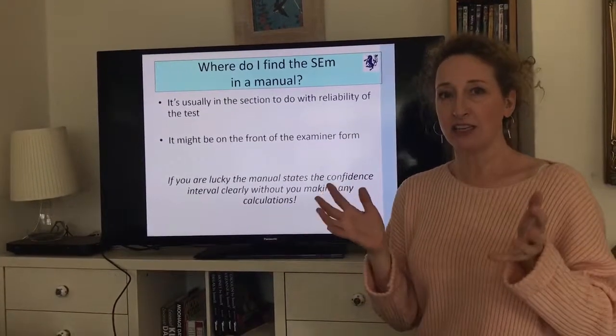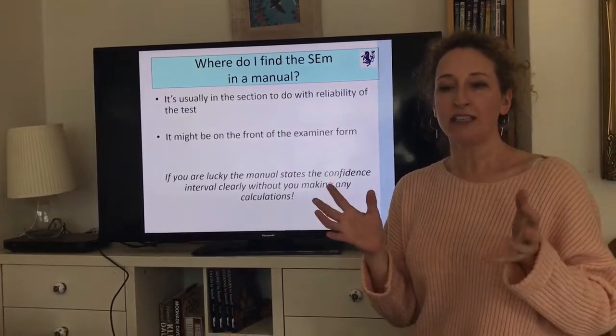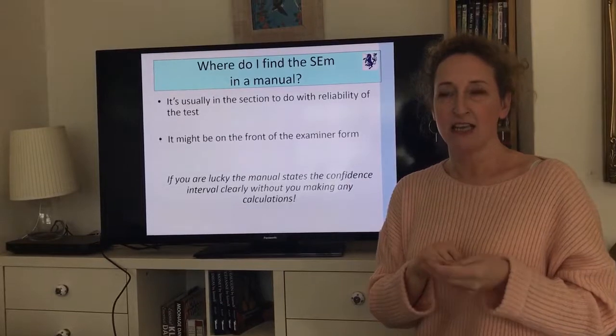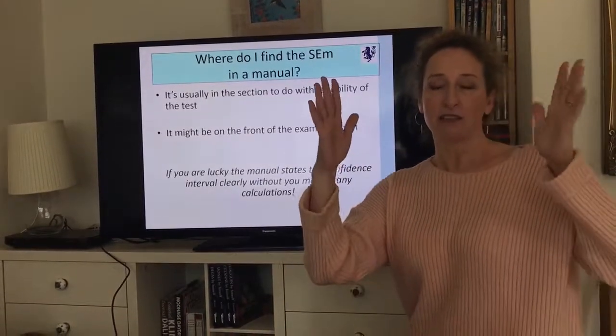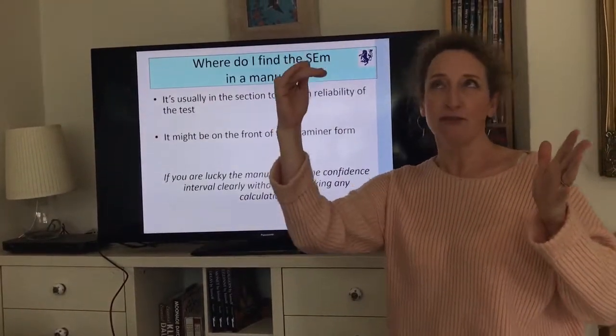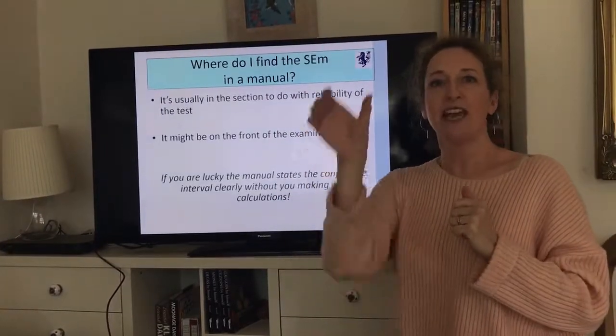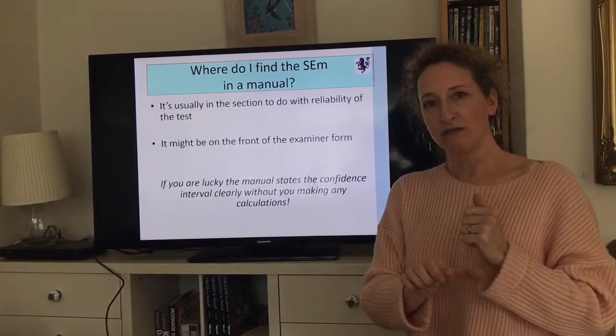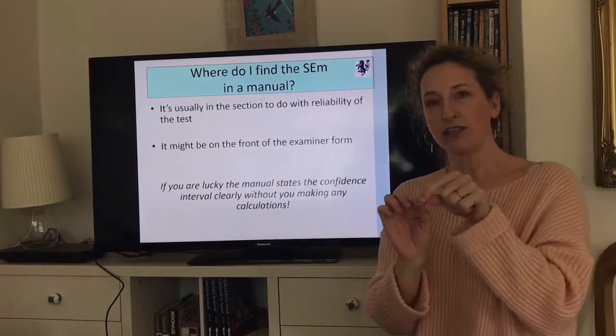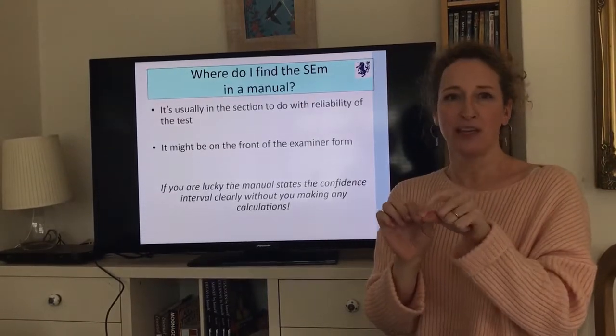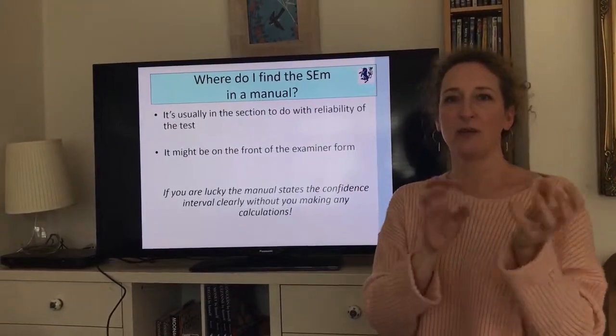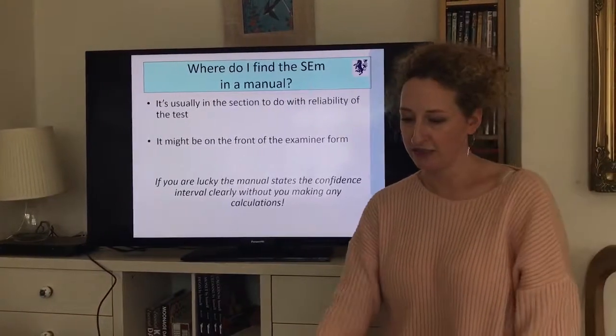And then within that section on reliability, you'll find your standard error of measurement. Frequently it'll be on a table, and it's frequently related to the age range of the child and the subtest. And you look it up and then you start working out 1.96 and working out whether that needs to be times by 5 or not.